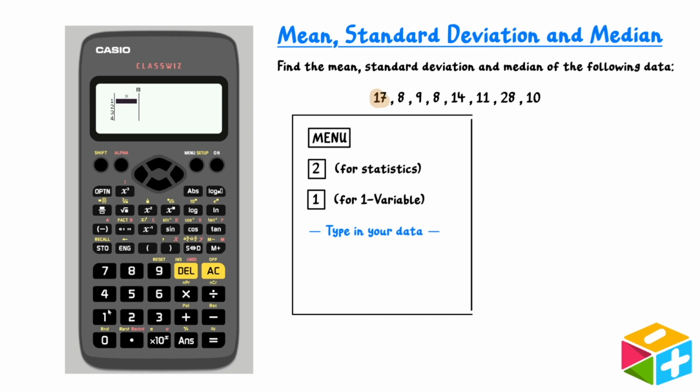To begin, we'll type in 17 and then the equals button. The second number in our dataset is 8, so we'll type in 8 followed by the equal sign. The rest of our data can be typed in a similar way.